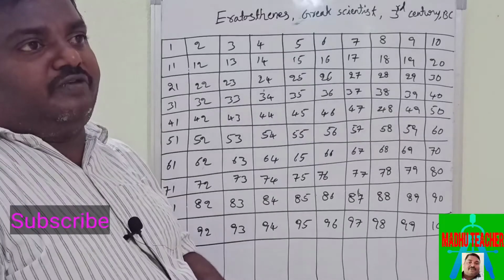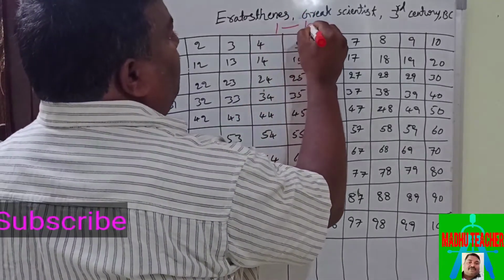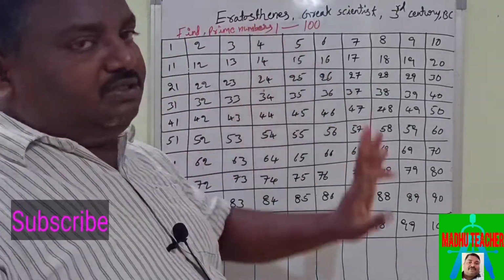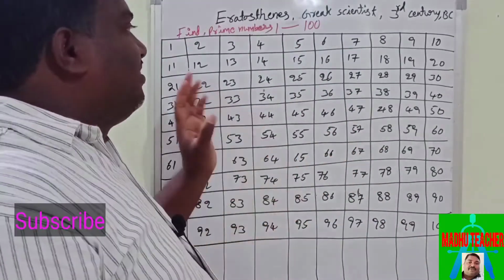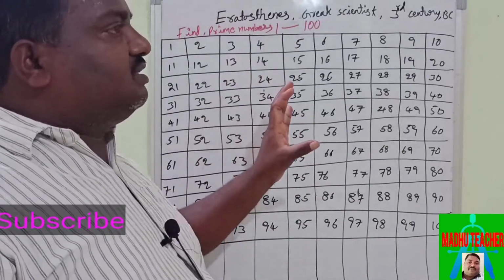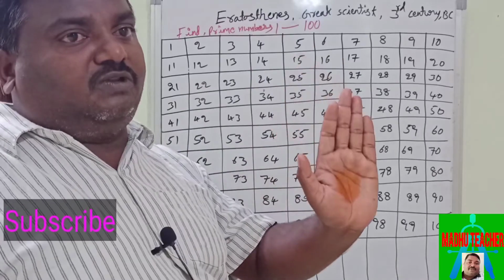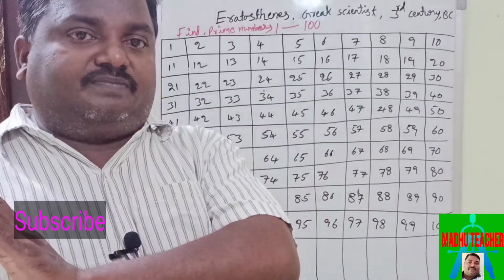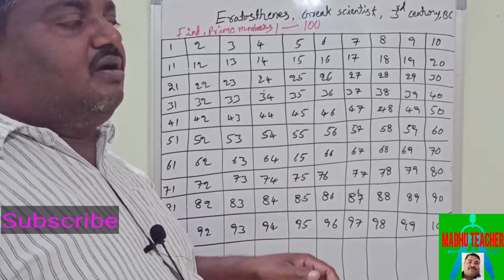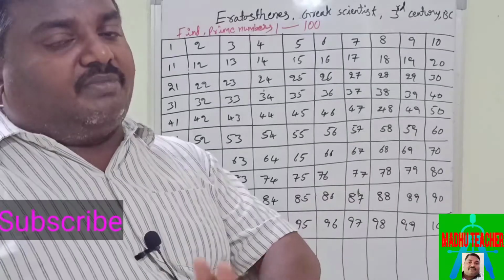We are going to find the prime numbers from 1 to 100. First, cross out the numbers which are divisible by 2, 3, 5, 7 and so on. Then the numbers that remain are the prime numbers.